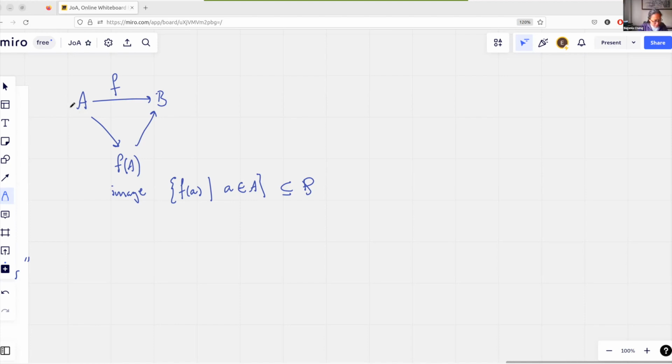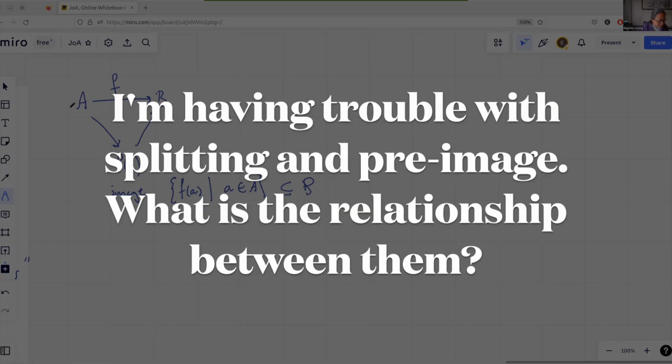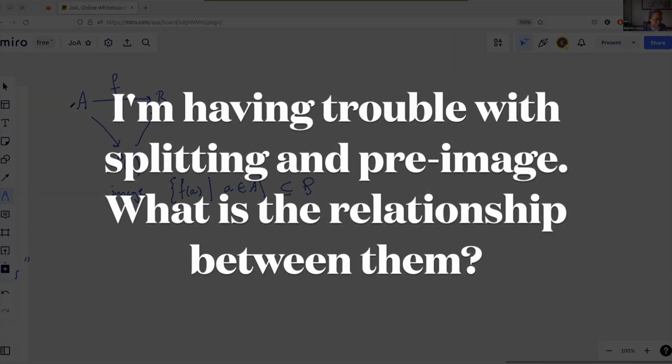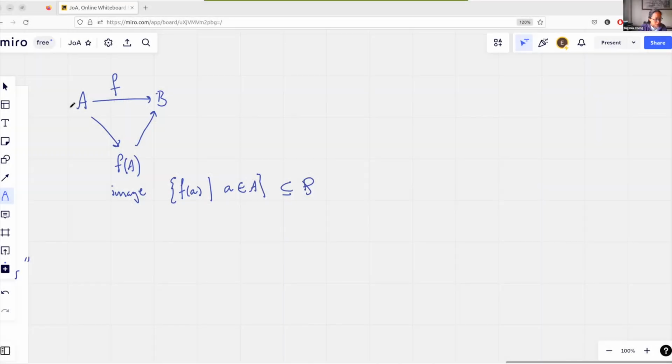Someone else says, despite my best efforts, I'm still having trouble with splitting and pre-image. What is the relationship between splitting and pre-image? Does page orientation, reading left to right, make a difference in understanding these concepts? That's a good question. I don't know if it does, but I think the point about arrows is that they're supposed to work in any direction.